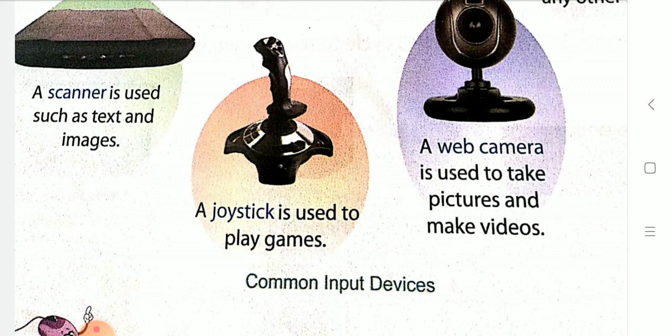For example, if you want to scan your result into the computer, you can use a scanner very easily. Next, joystick. A joystick is used to play games. Some students use a joystick to play games.